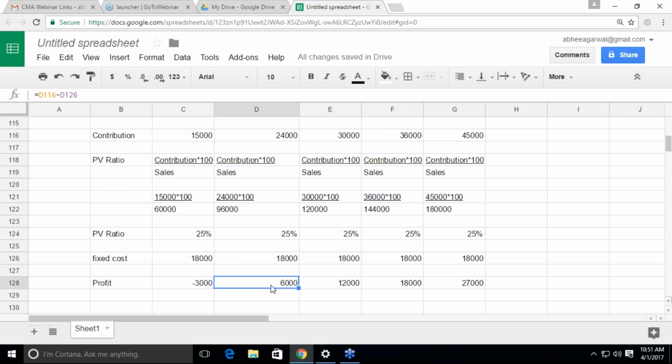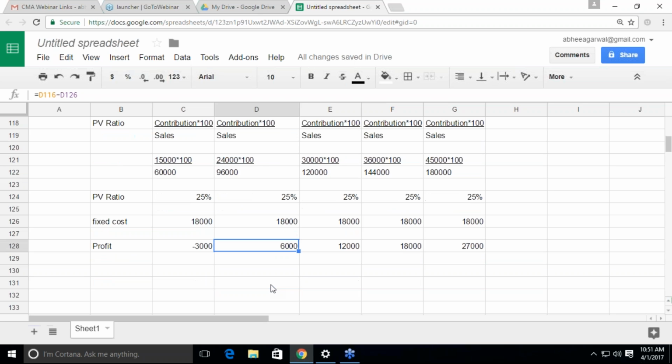So at 500 units, I'm facing losses, and at 800 units, I'm getting the profits. So what is the quantity, where is the sale, where I will face no profit, no loss situation? That is called break-even point. So let's talk about that break-even point.